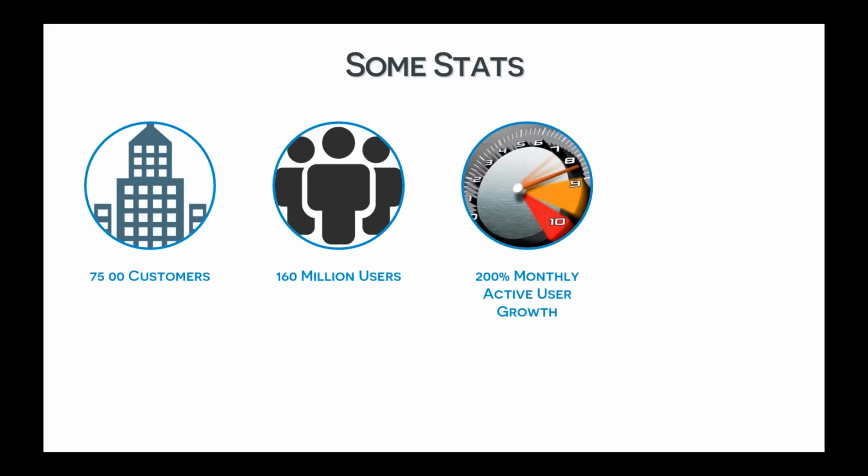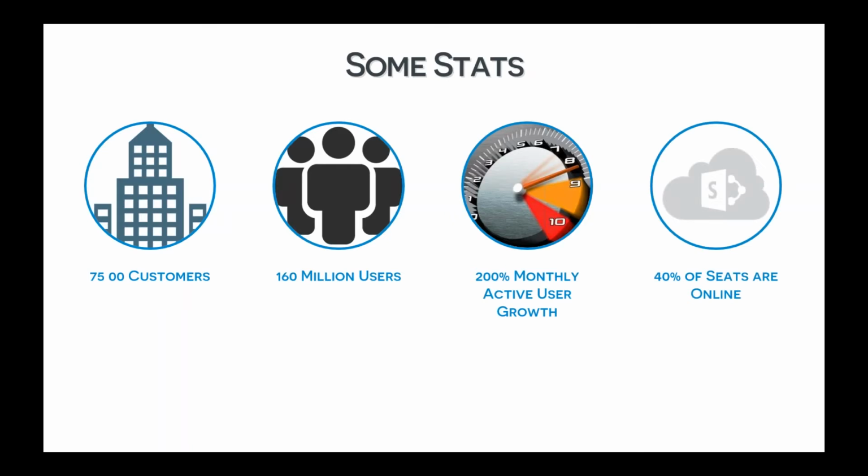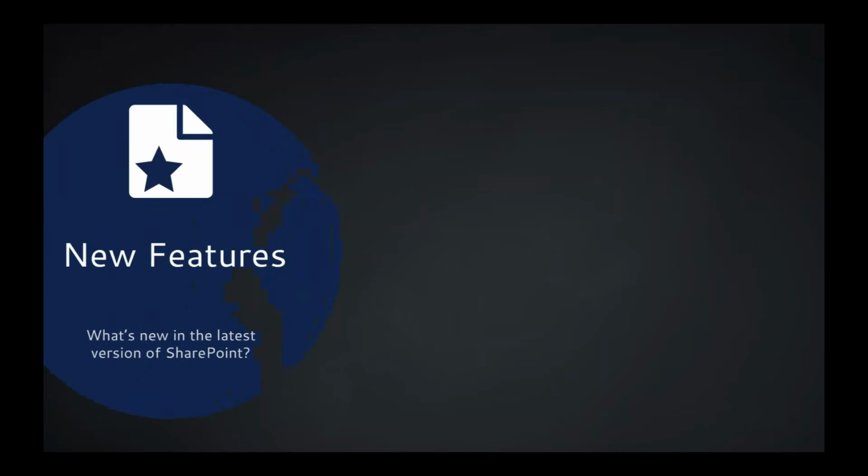So more and more companies that have SharePoint as part of their Office 365 are starting to use it. And currently 40% of licenses sold are online. So as you see, the majority of licenses are still on SharePoint on-prem, whether it's 2010, 2013, or soon to be 2016. So that's it for the marketing stuff.